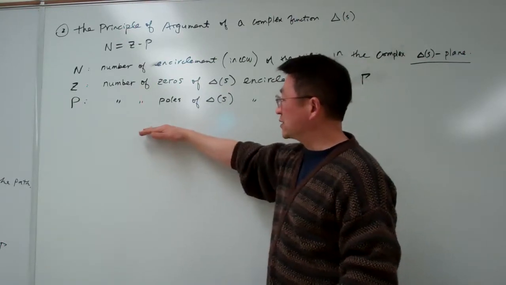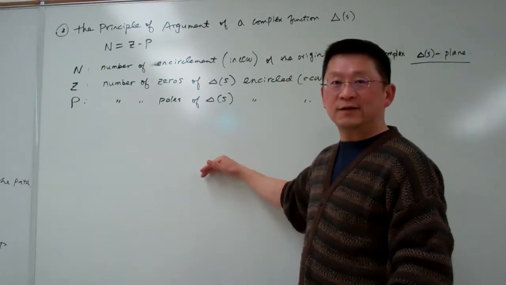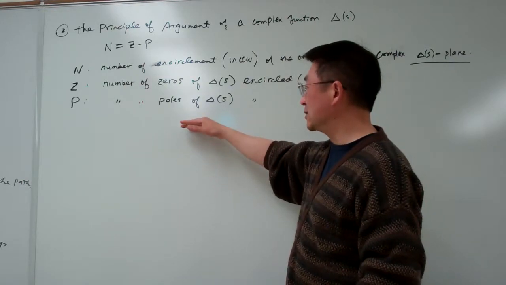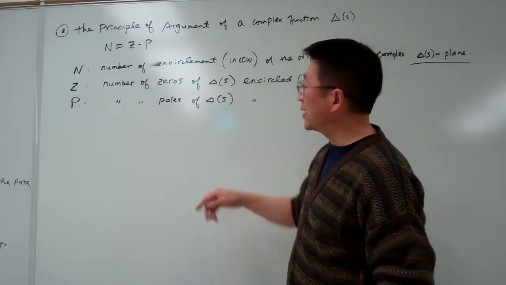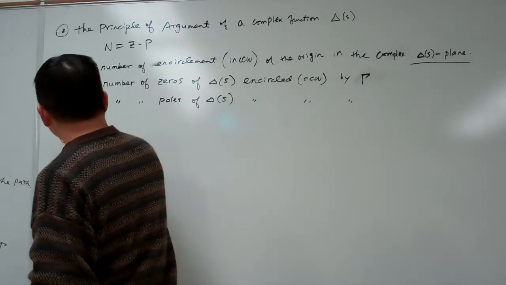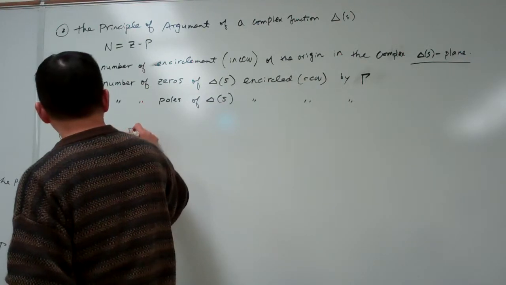So here, let me skip the portions for this kind of introductions, okay, and the overview of the proof process. Let me skip that one, and the third one, let me directly get into the Nyquist path.